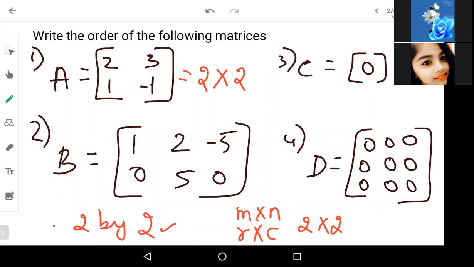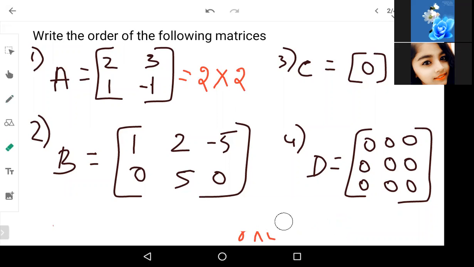Now similarly, tell me how many rows are there in matrix B. Rows are from left to right. So there are 2 rows, 1 and 2. I want everybody to answer.